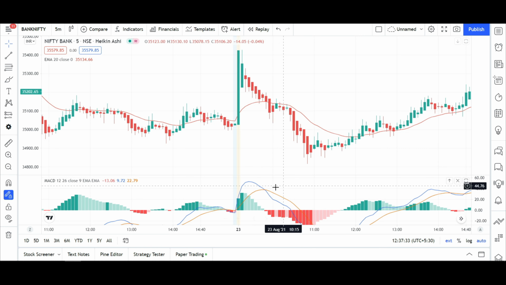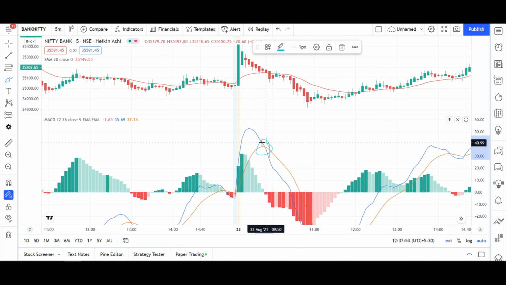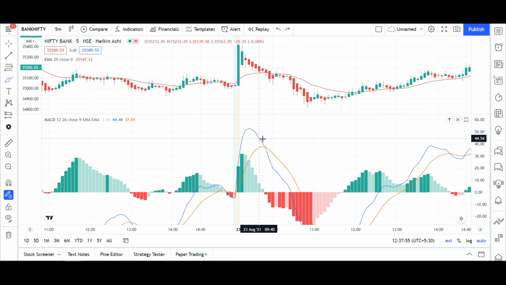And we also have to see the MACD, the moving average convergence and divergence indicator. So if the signal line has crossed the MACD line from above it, like it has right here, which indicates a bearish trend.